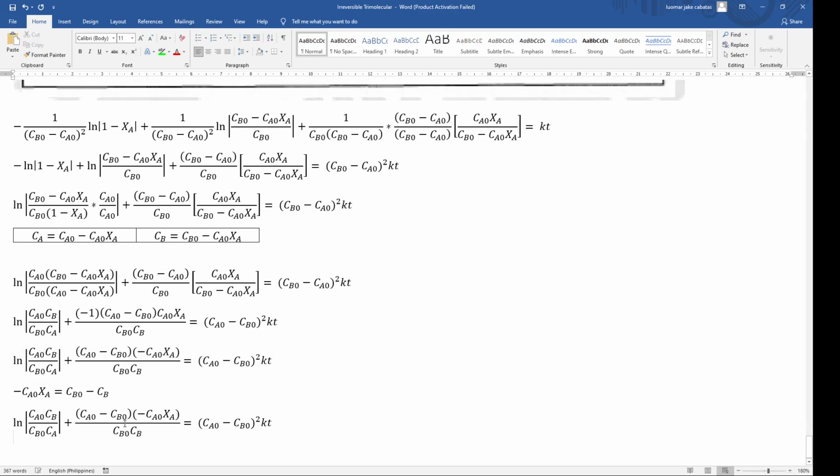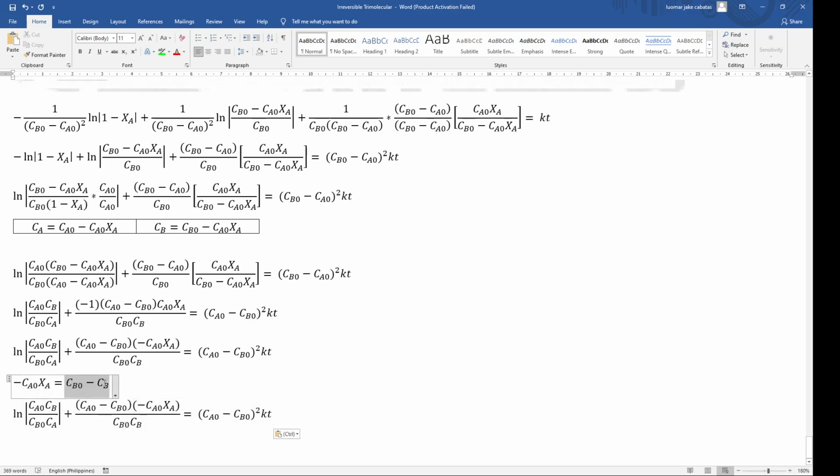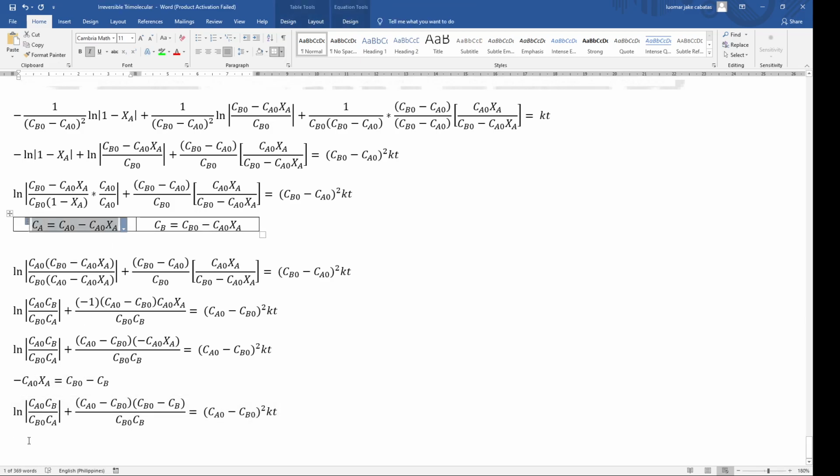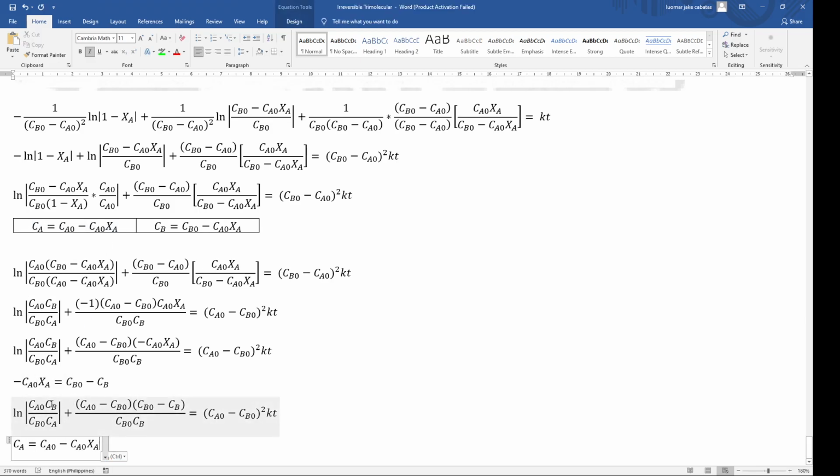So if we rearrange that one, this one would become that. Or if we use this one as our base, we will be getting equals to C_AO minus C_A.